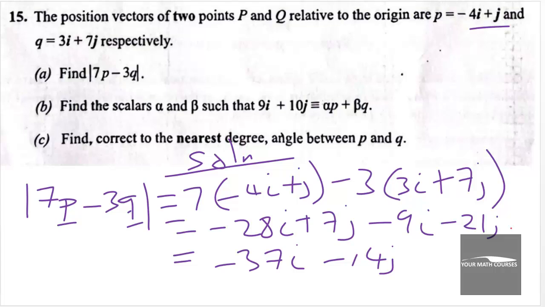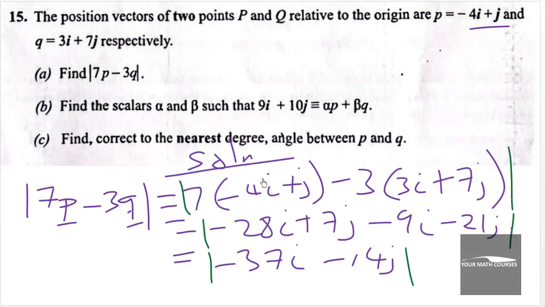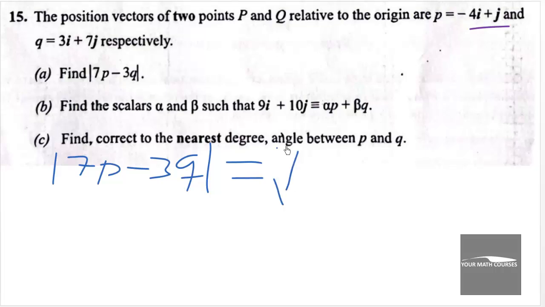We are actually looking for the magnitude. So we put the magnitude on the result. So let's proceed further. We have the magnitude of 7p minus 3q, giving us the square root of negative 37 squared plus negative 14 squared.